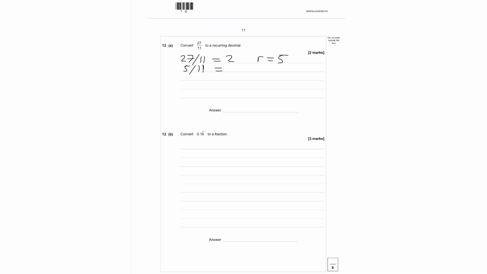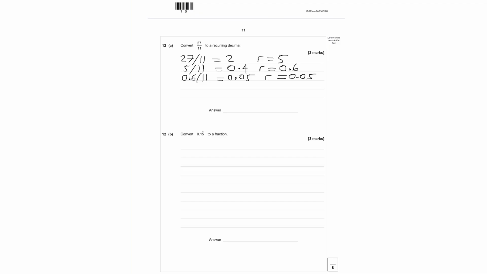Well, 11 goes into 5 0.4 times, so 0.4 times 11 is 4.4, and then we have a remainder of 0.6. And then if we do 0.6 divided by 11, this is going to give us 0.05. So 0.05 times 11 is 0.55, which gives us a remainder of 0.05.